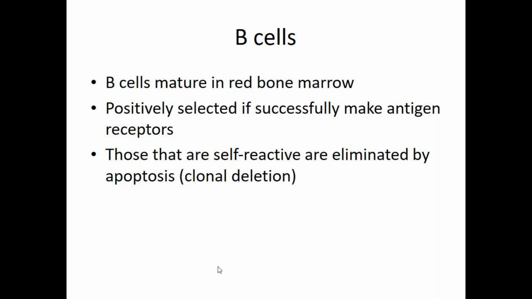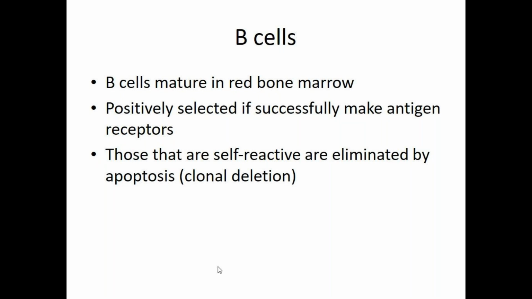So the positive selection, the way that we test if a B cell is immunocompetent, is can they produce a receptor for an antigen? Can they make an MHC? If they can, then we move on to the next step. If they can't produce that one, it's actually kind of an antibody, believe it or not. If they can't do that, then they don't get moved on.